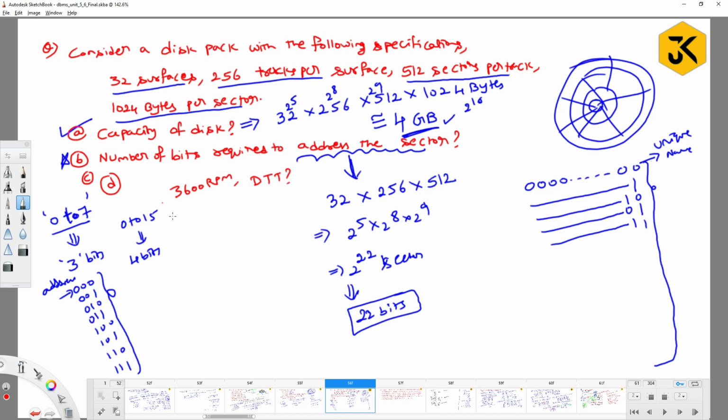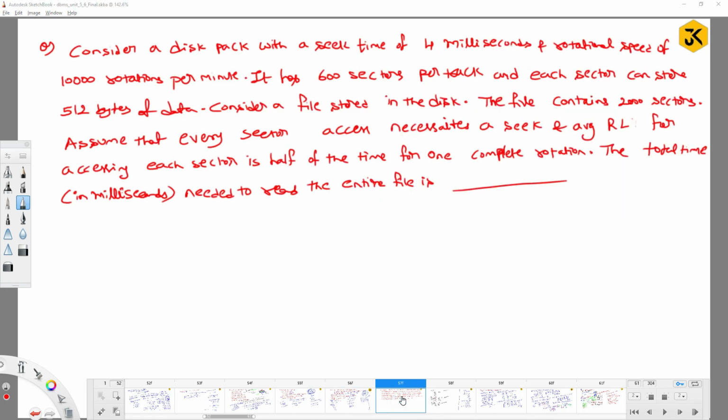That is the C question. And the D question is asking for average access time. These two we discussed earlier already. This kind of model you can solve. Okay, next one. Try to solve this one.